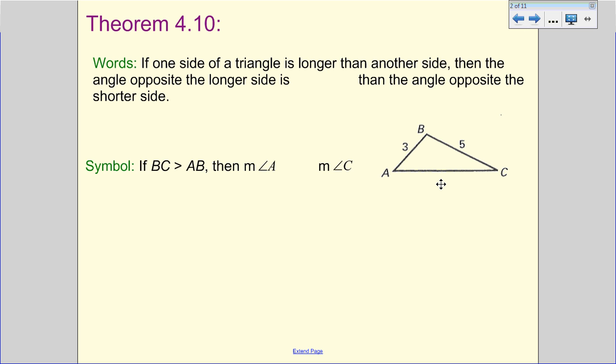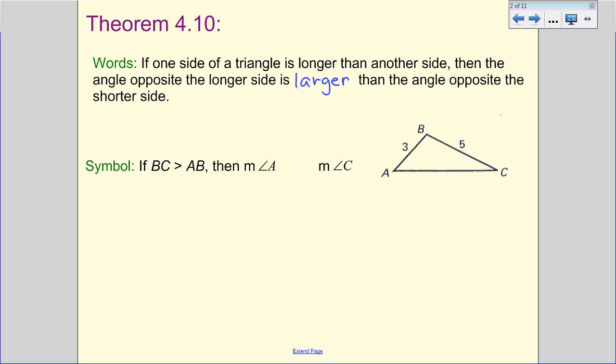And so, theorem 4.10, and notice this doesn't have a name, which means this is a theorem that's specifically for this book, which is why I didn't necessarily like you memorizing numbers, but memorize and understand what's going on in here. So what it says is if one side of a triangle is longer than another side, then the angle opposite the longer side is larger than the angle opposite the shorter side.